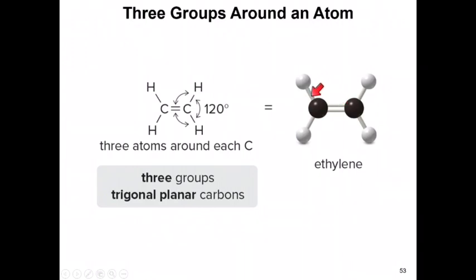You have a single bond here, another single bond, and a double bond for a total of 3 electron groups. Because it has 3 electron groups, each carbon atom has a trigonal planar geometry. Since the geometry is trigonal planar, the bond angle between the atoms is 120.